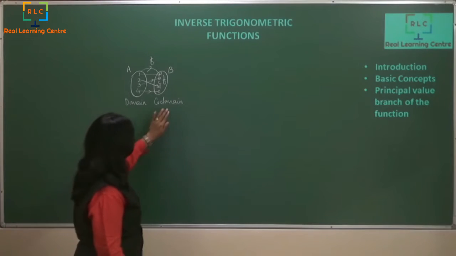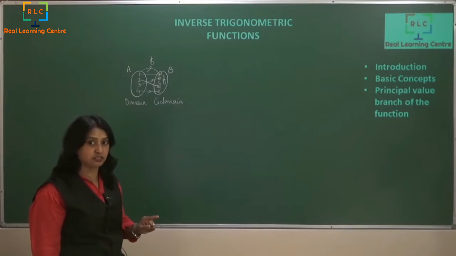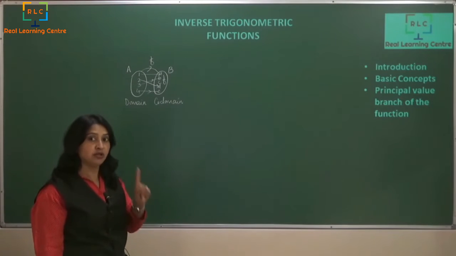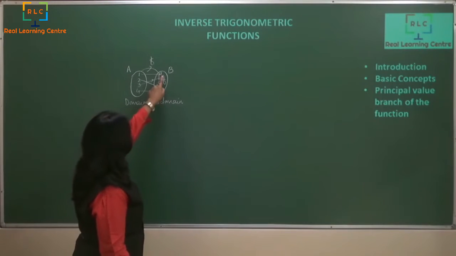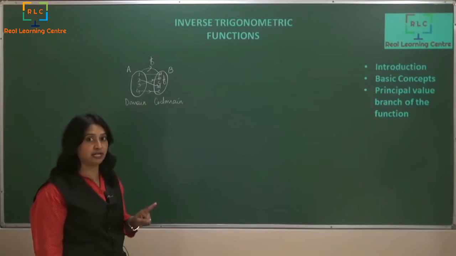But in the codomain, if an element is acting as an image, it is an image only for one element. See, if arrows have come to the elements in the codomain, only one arrow should have come. Then it is called a one-one function.